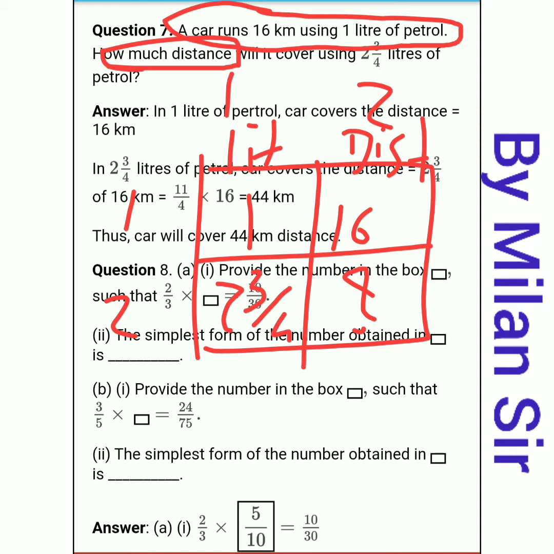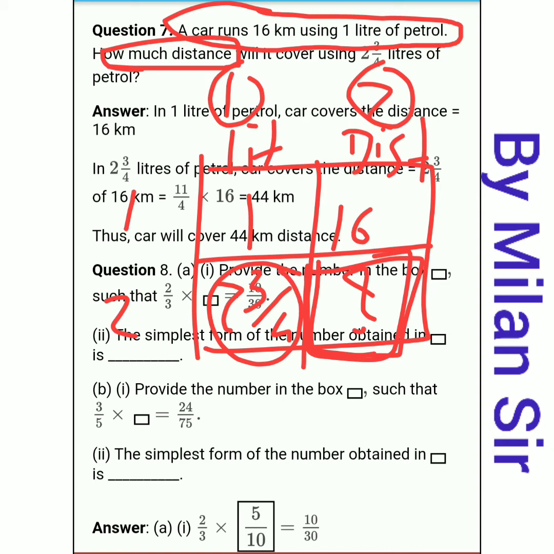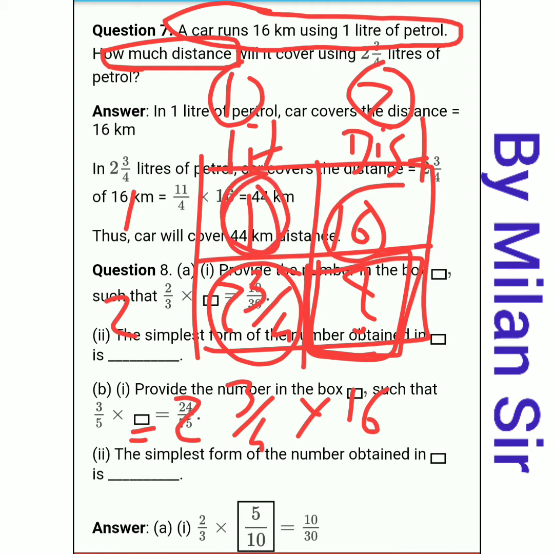First of all, whatever we need to find, that we need to put in second position, and the other quantity we need to put in first position. So here always we need to have question marks. Now what is the method to solve this? This position, that means 2 integer 3 by 4 and 16, we need to multiply this, and the first position we need to put in denominator.